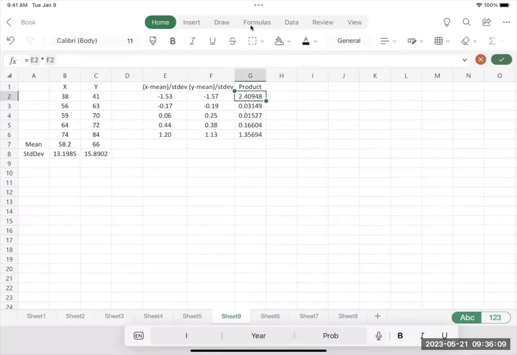When you multiply, it becomes a positive. So that's how you get a positive R, that they're doing the same thing. When X is below, Y is below. When X is above, Y is above. So that's going to work out to make the product a positive sign.